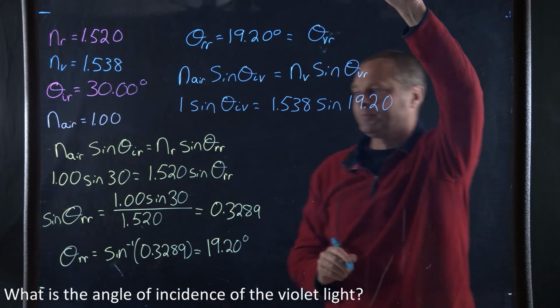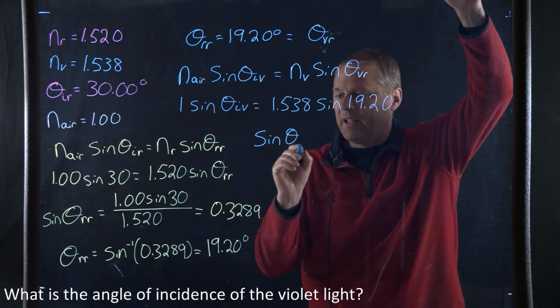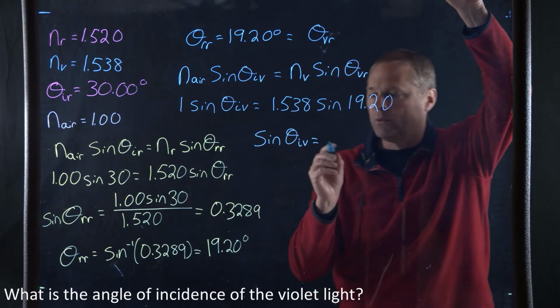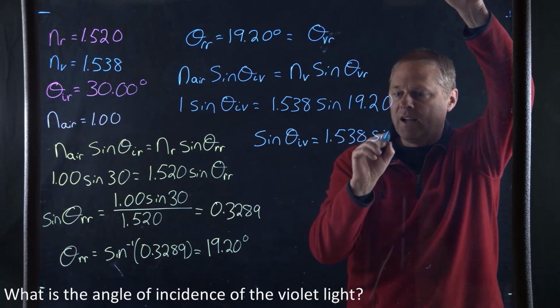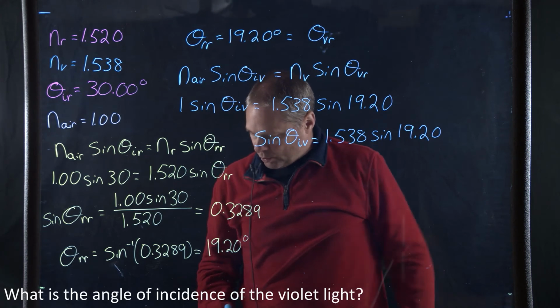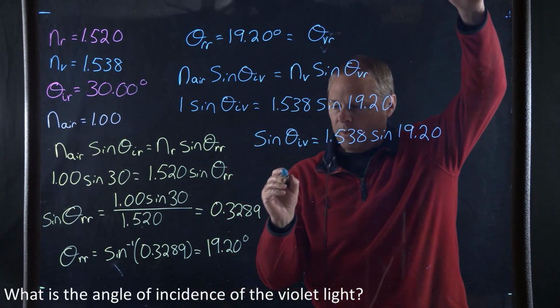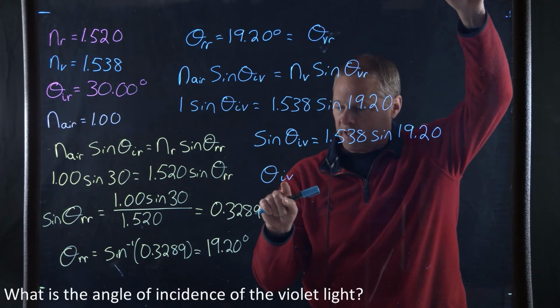That's 19.20. So our sine of theta of the incident violet light is equal to 1.538 sine of 19.20.